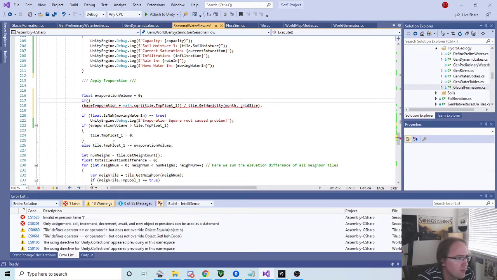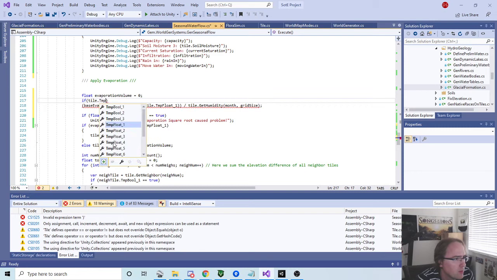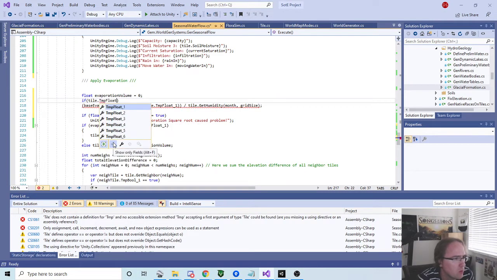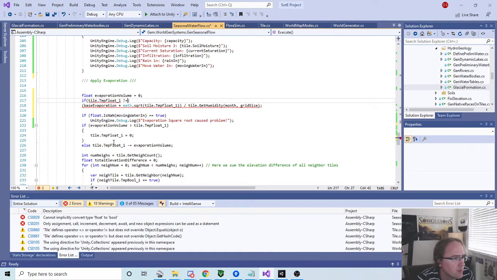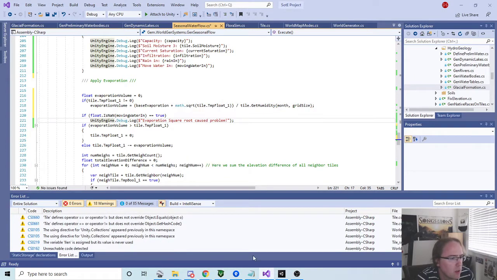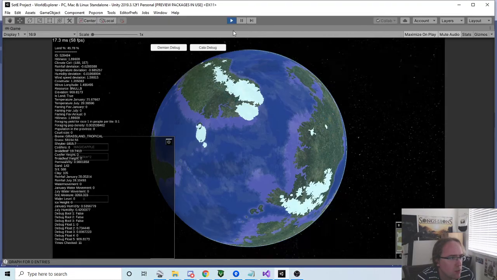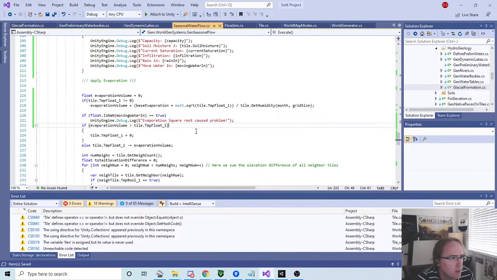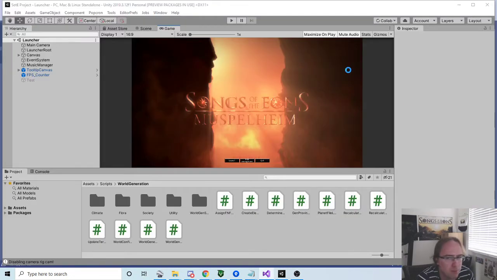If tile temp float 1 does not equal 0, then do the math. Okay, let's shut this guy off, run it again, and see if we still have purple on the map.